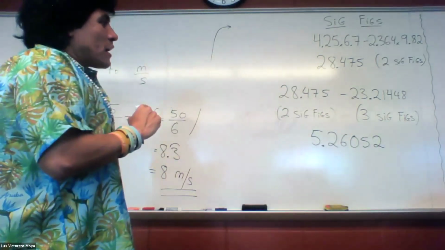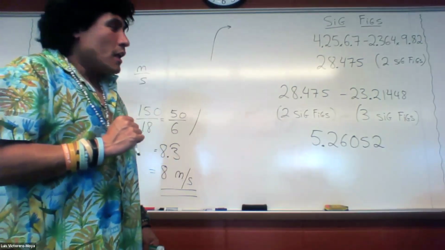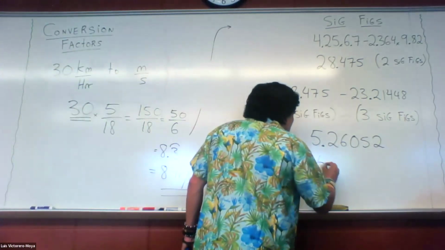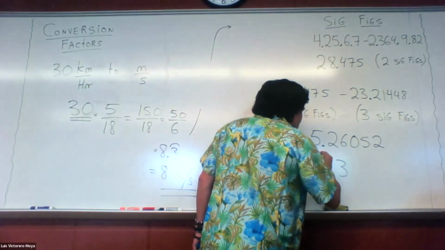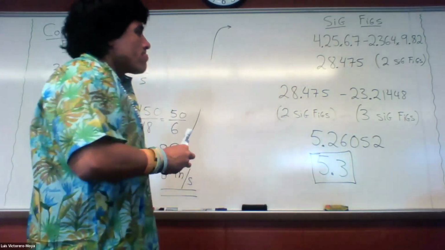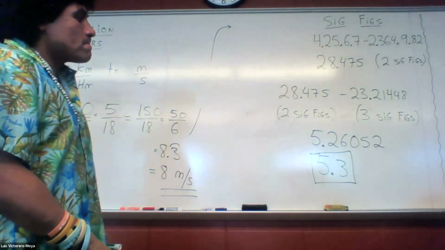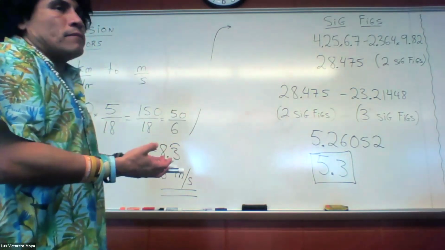My final answer should have the lowest level of precision, two sig figs. So 5.2, but there's a 6, so 5.3. All right. So we end up rounding at the end.